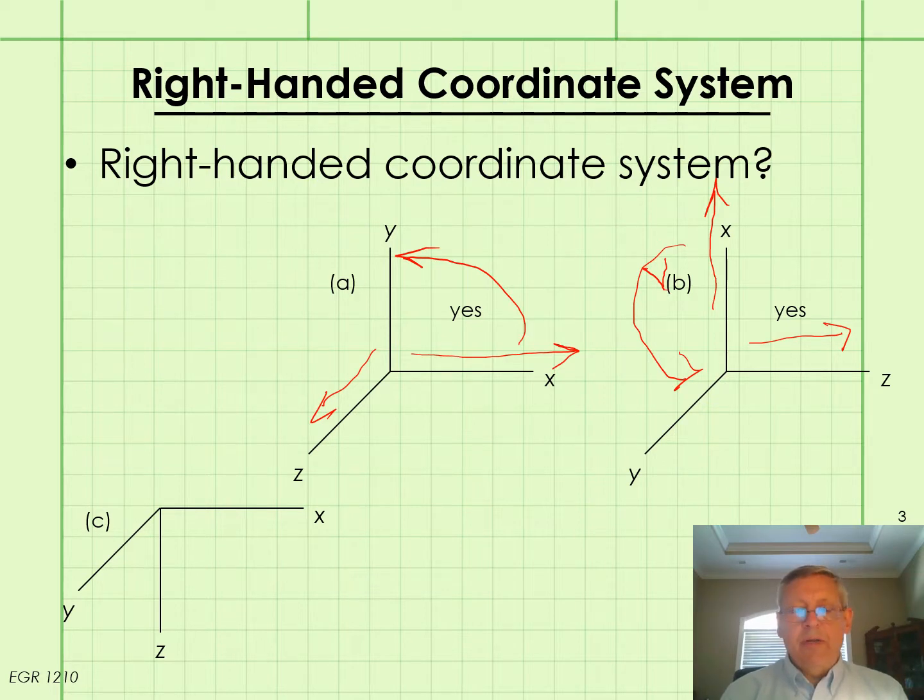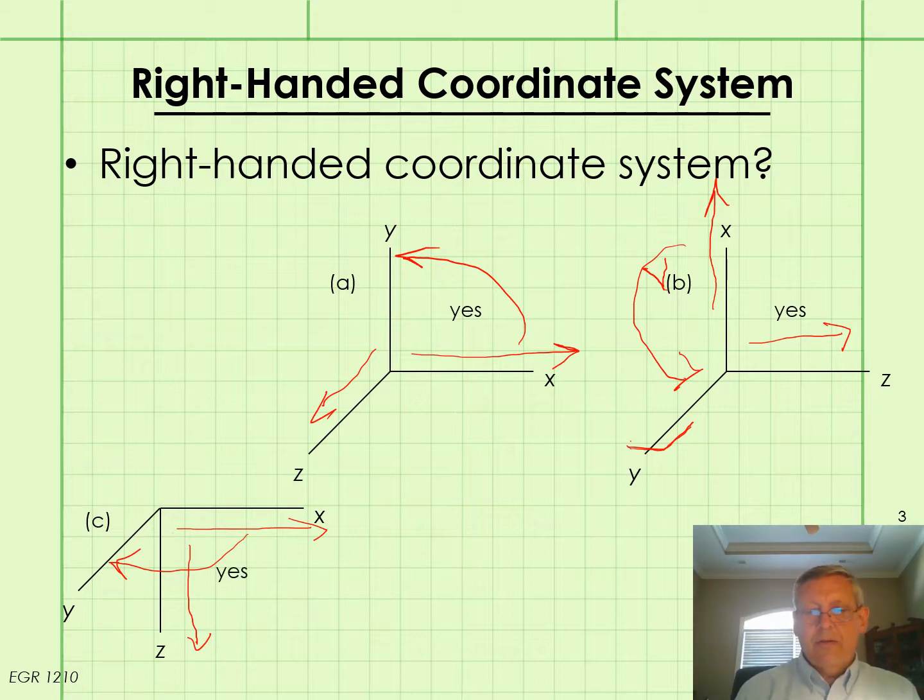This third example here, it's a little harder to get your hand into this position if you're trying to do this as we go along. But if I position my right hand with my fingers going along the positive x-axis such that I can curl them into the y-axis, you will find that your thumb does point down along the positive z-axis.